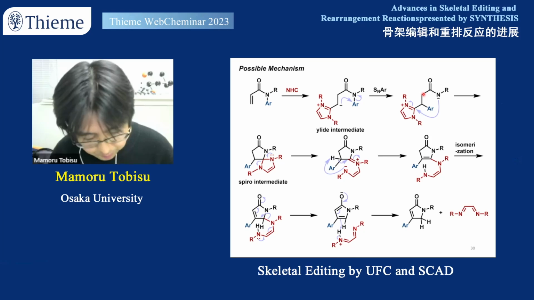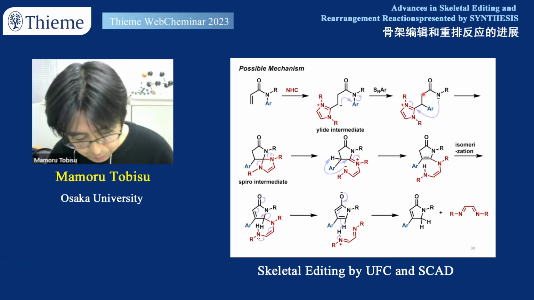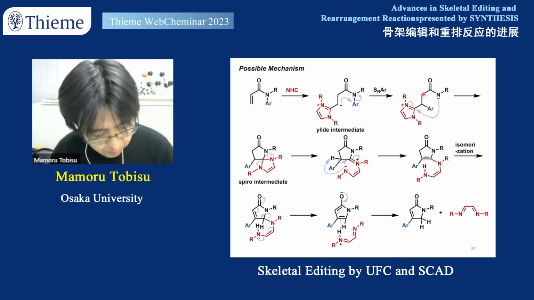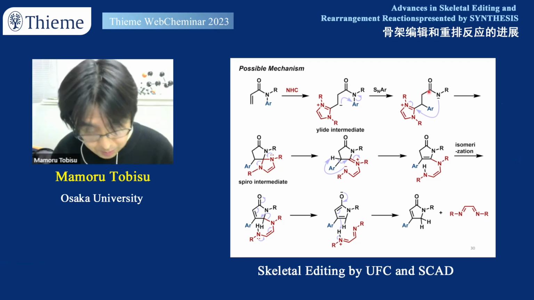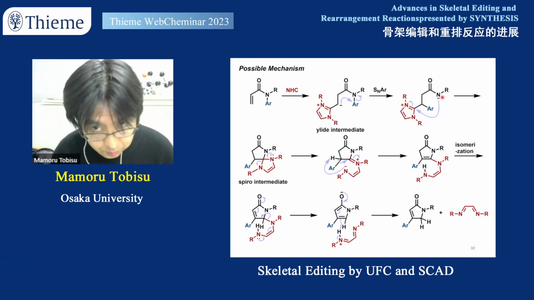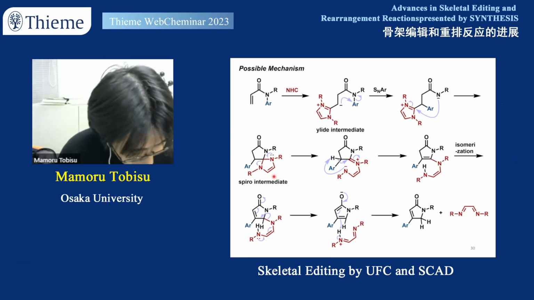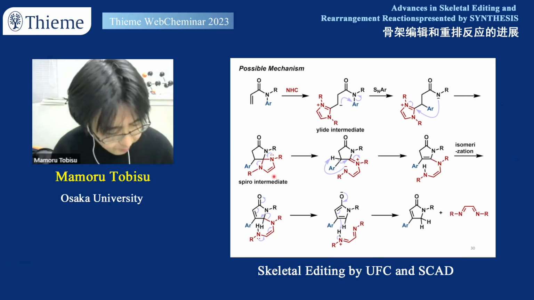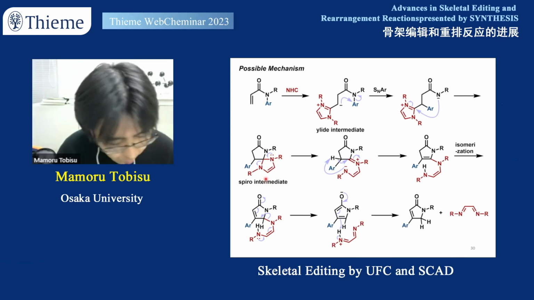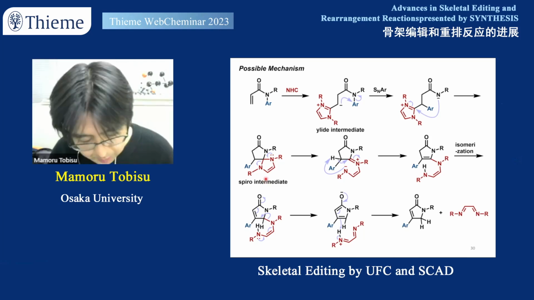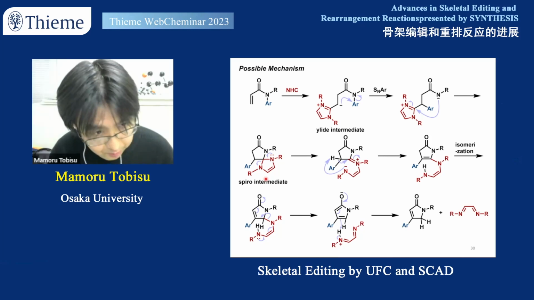But in the SCAD reaction, we need to use a less bulky NHC, which allows this nitrogen anion to attack the C2 position of this imidazole moiety to generate this spiro intermediate. And this spiro intermediate has the ortho-amide substructure, and it is easy to cleave one of the carbon-nitrogen bonds to generate this iminium ion.